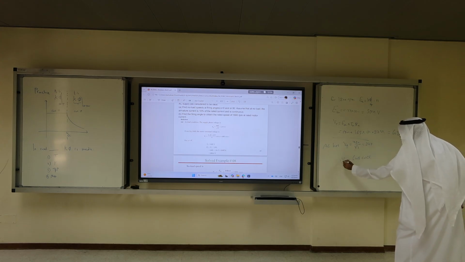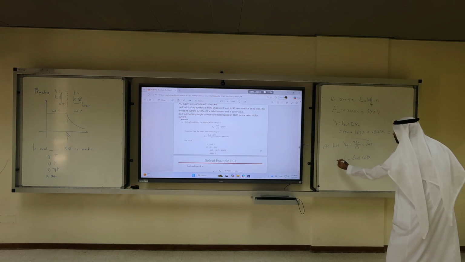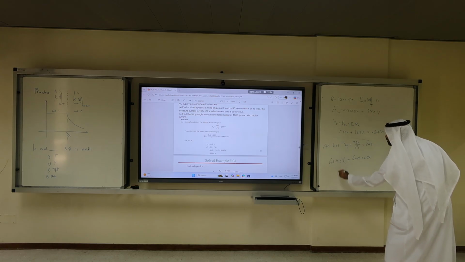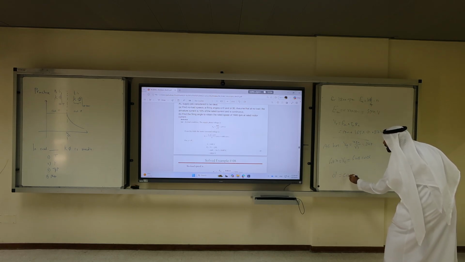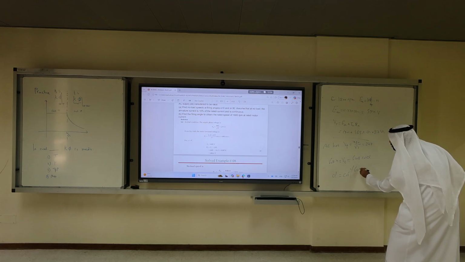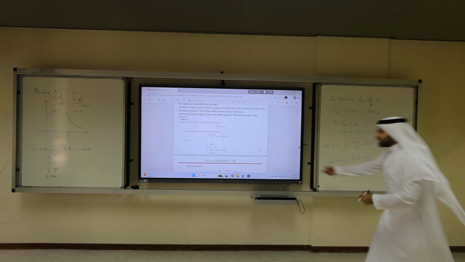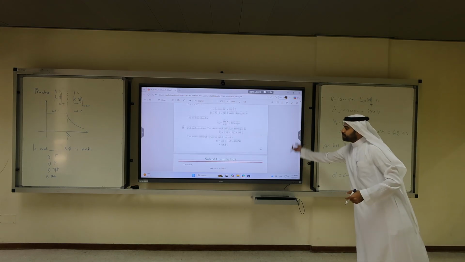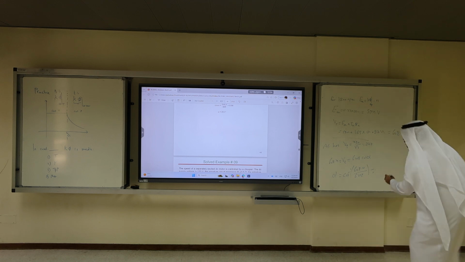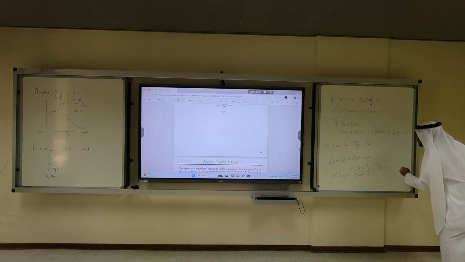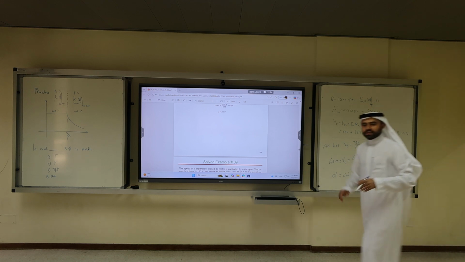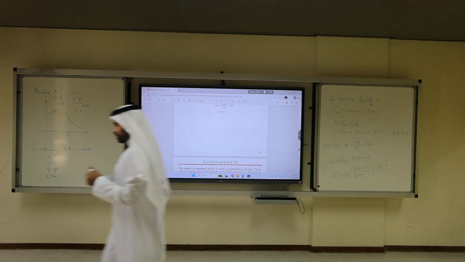You want this to be what? 608. So alpha is cosine inverse 608.4 over 648, and you will get the corresponding value in degrees to be 20.1. It's not 0, it's not 30, it's between.